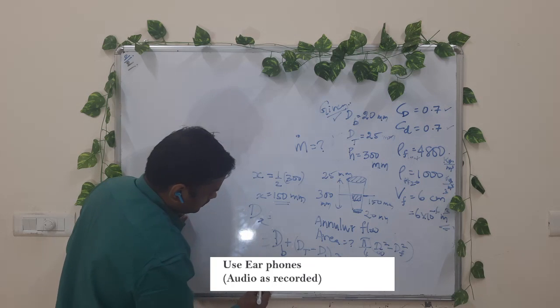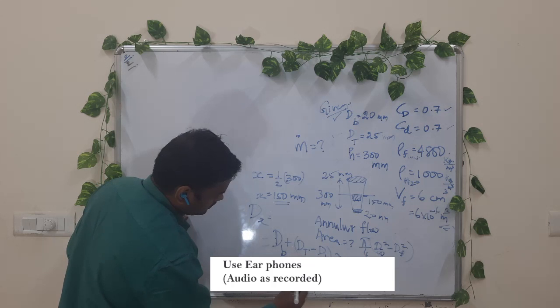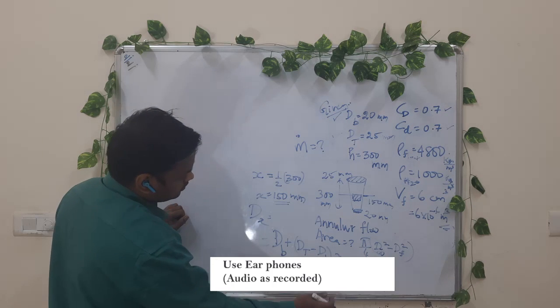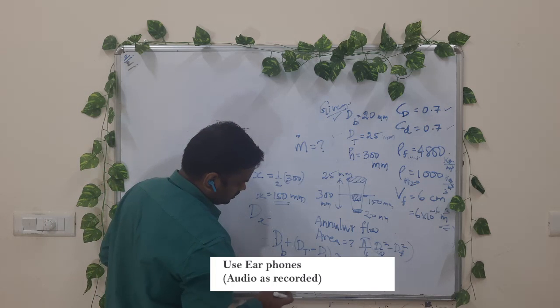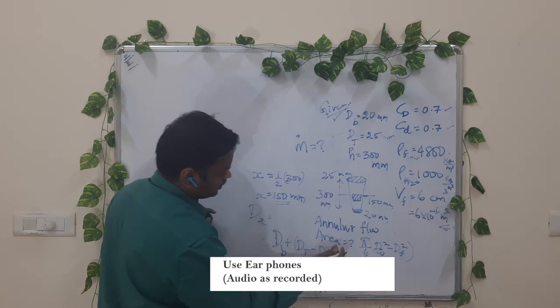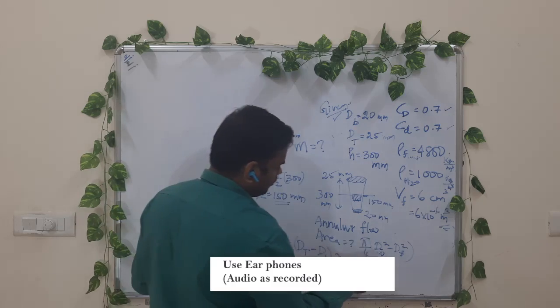So we have 20 plus 5 into 1 by 2. 5 into 1 by 2 is 2.5. So we get 20 plus 2.5, which is 22.5. So with 22.5, we are able to get the annular flow area.